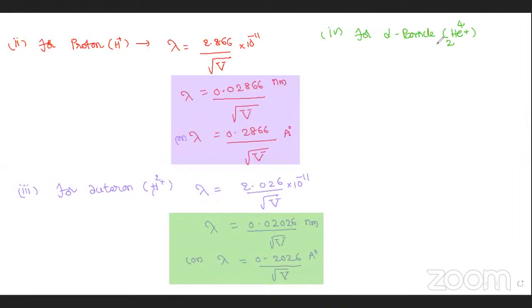So for helium nucleus, lambda equals something by root 3. Charge is q equals 2e, mass is equals to 4m. So one more 4 I have to add here.